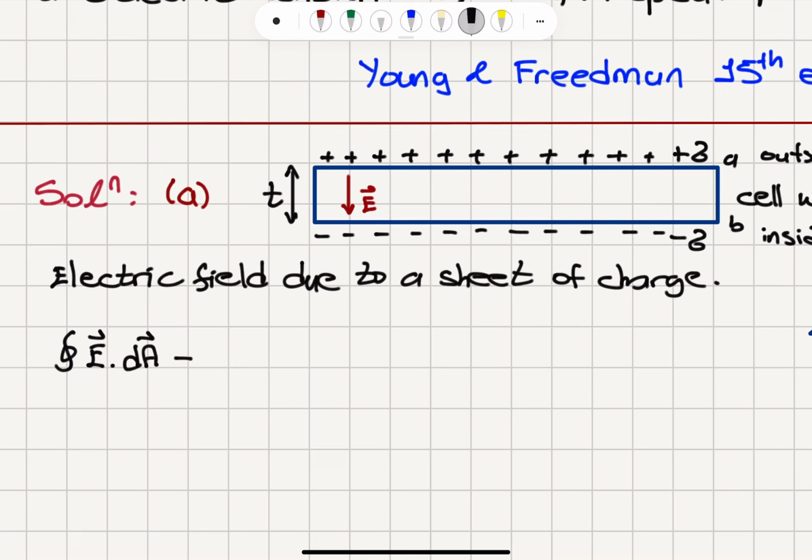For the same distance from the two sides, the magnitude will be the same, and the electric field is parallel to the area vector. So we have EA from the top and EA from the bottom, equal to the charge enclosed, Q inside, divided by epsilon 0.